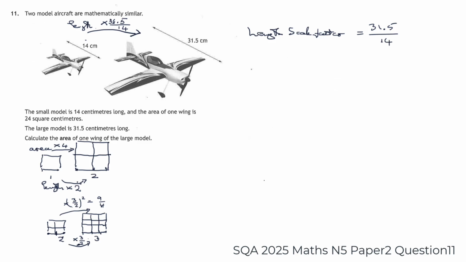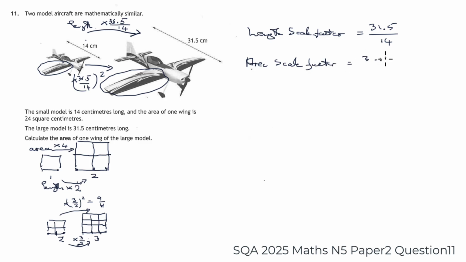The area scale factor, this area to this area, that'll be 31.5 over 14 squared. So the area scale factor in this case is 31.5 over 14 squared, whatever that comes to.